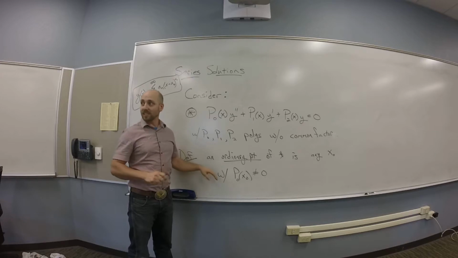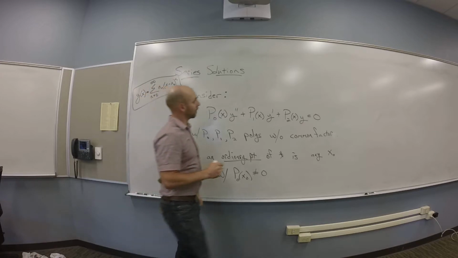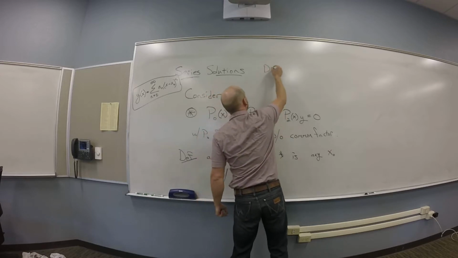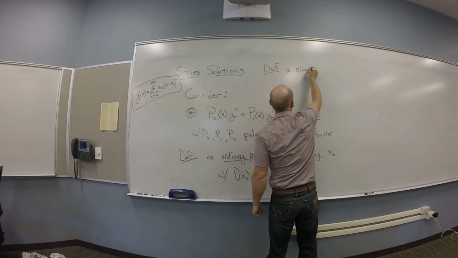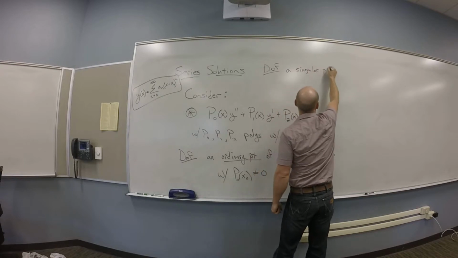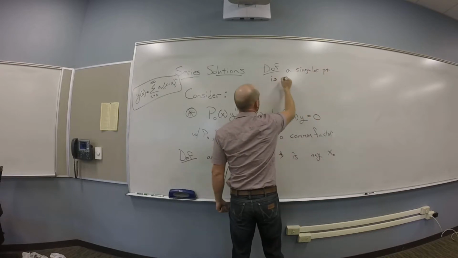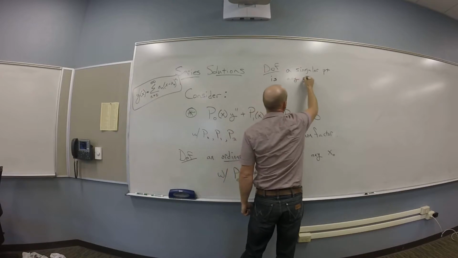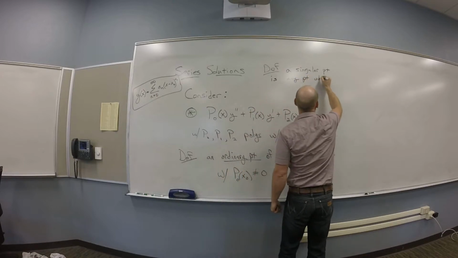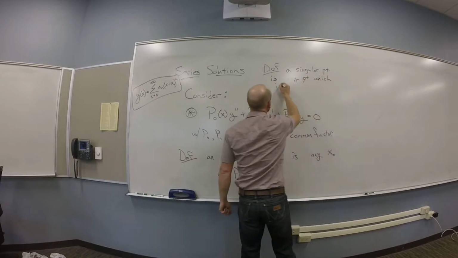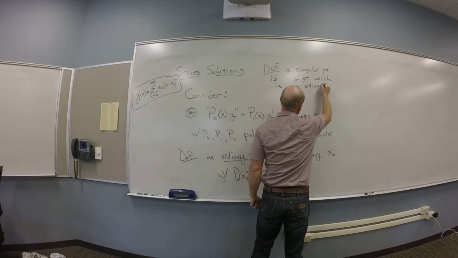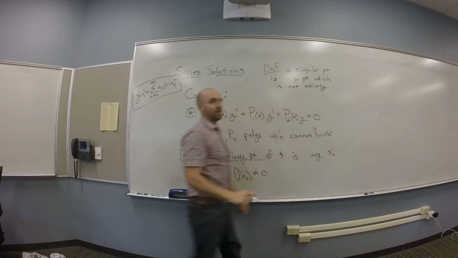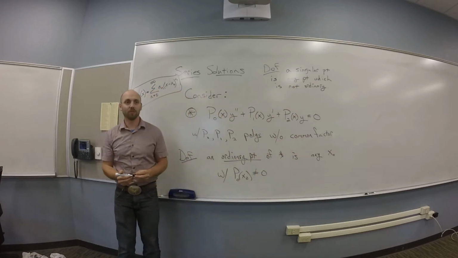I am going to say something about the opposite of an ordinary point, so I'm going to put that definition up here too. A singular point is any point which is not ordinary. In other words, the singular points are what?